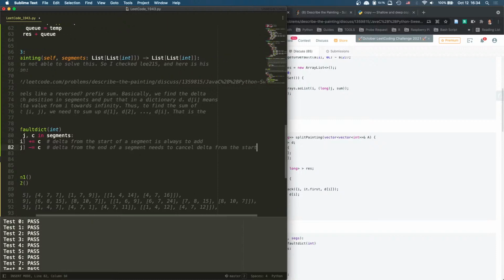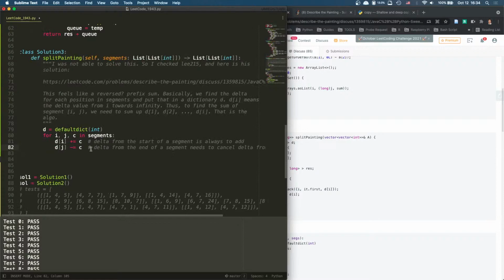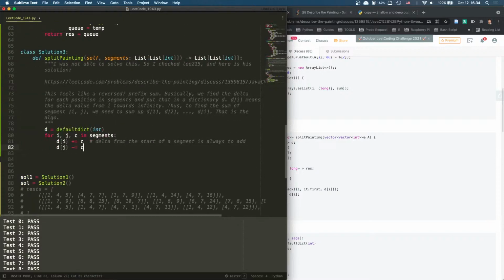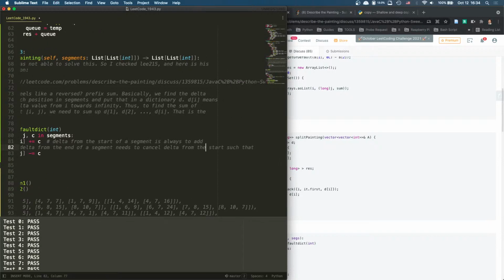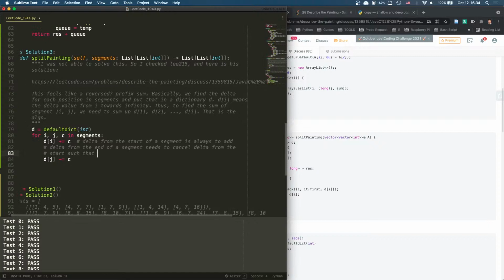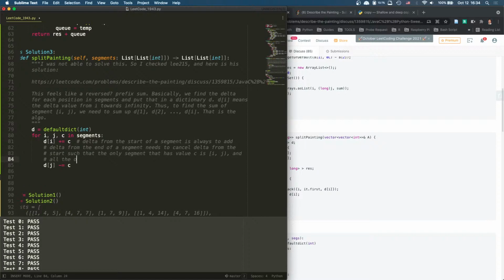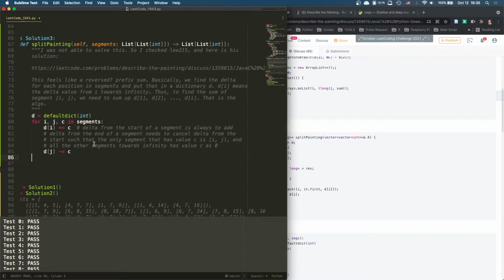Delta from the start, such that, yeah, this is a key piece, such that the only segment that has value c is i to j, and all the other segments towards infinity have value c as 0.